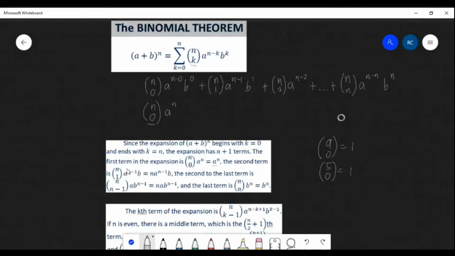Okay? The second term is n combined 1. So, take a look at this: times a raised to n minus 1 times b, which is equal to, okay, can you please press 9 combined 1? 9 is correct. How about 15 combined 1?